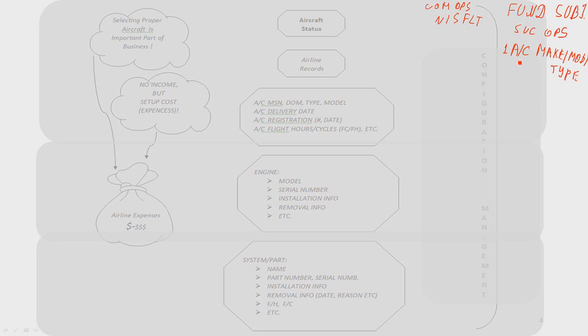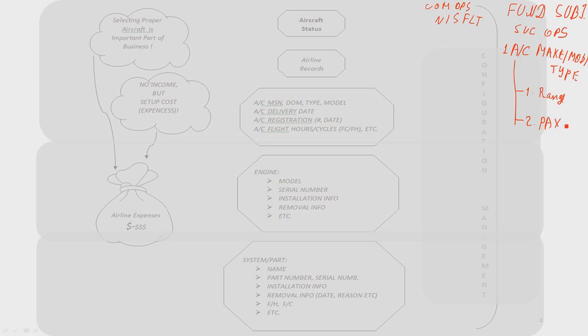What this gives us, number one, is the range, or distance that we can cover. And number two is passenger capacity.